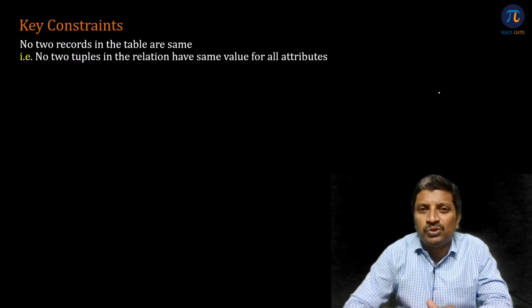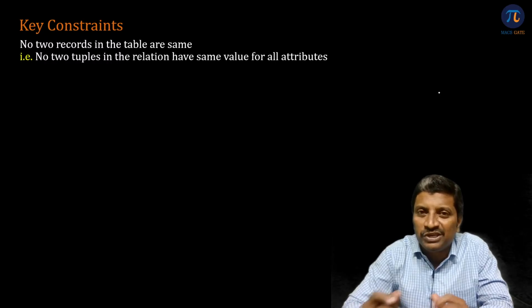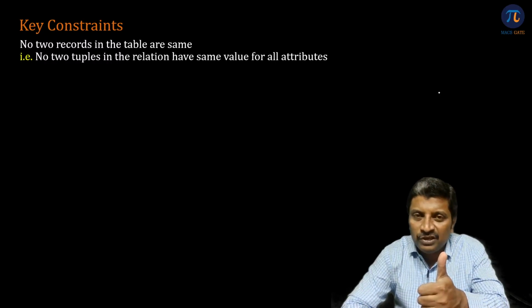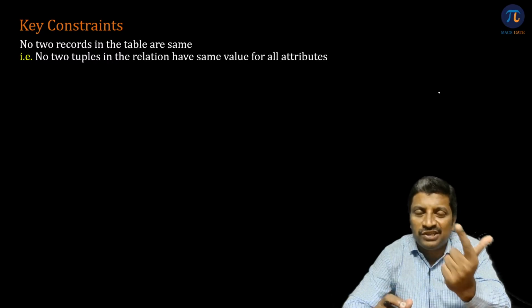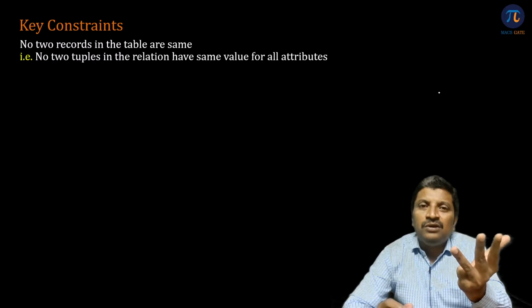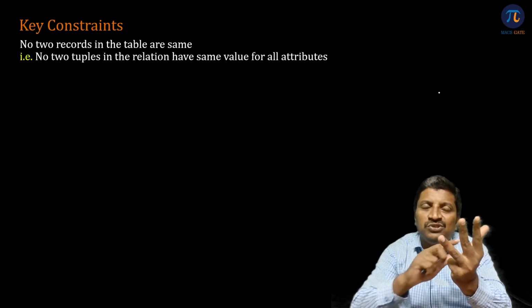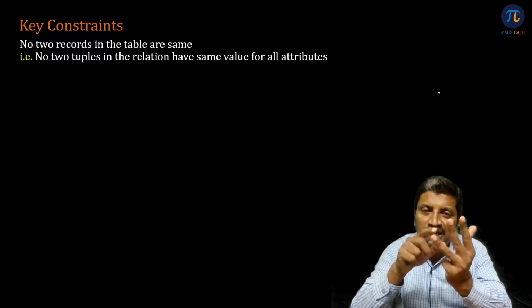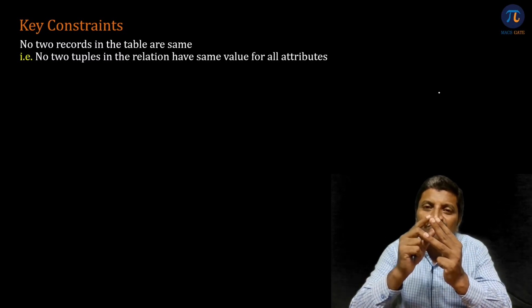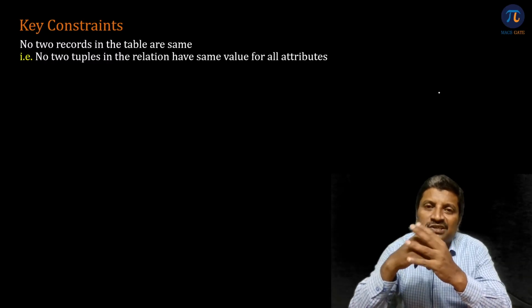Suppose I have 2 students in my class. Then I ask their roll numbers, and I ask their names, their age, their class. Then those 2 students should not give the same answer for all the values. At least one value, that means one attribute, should have different answers.